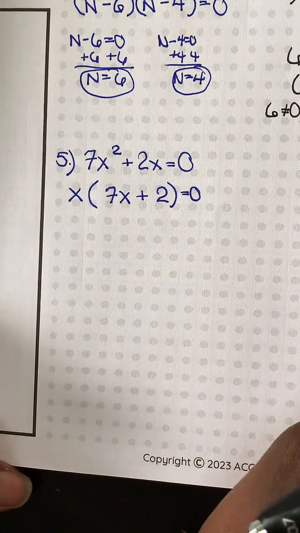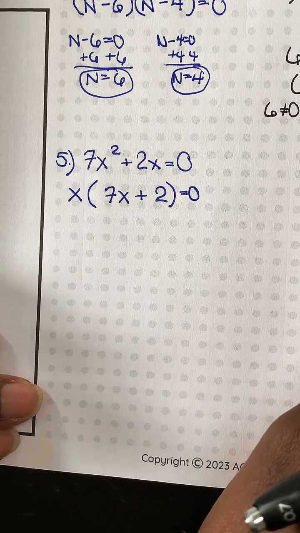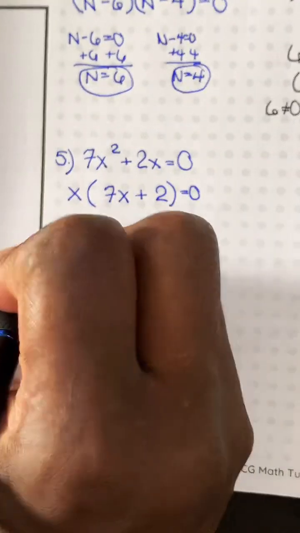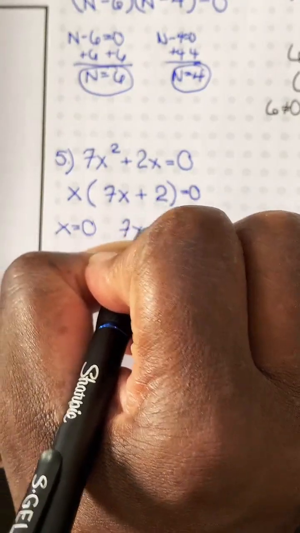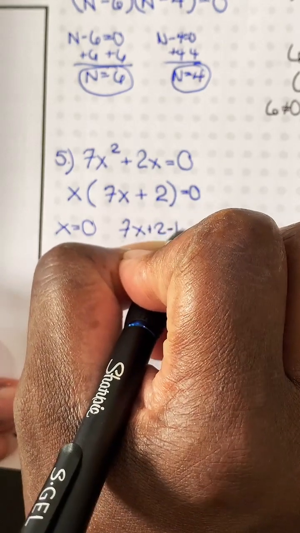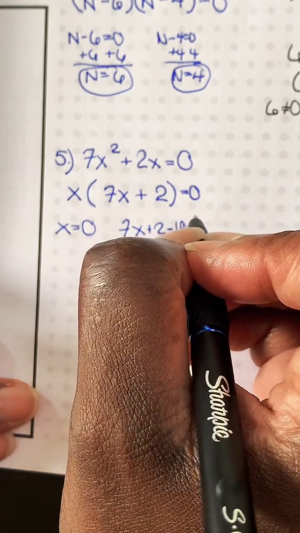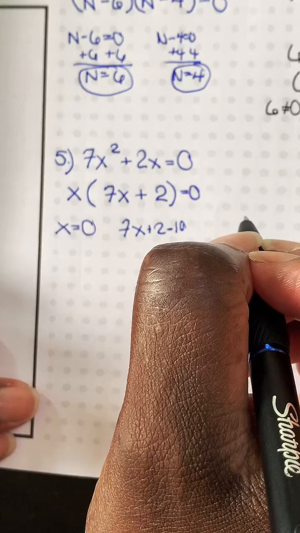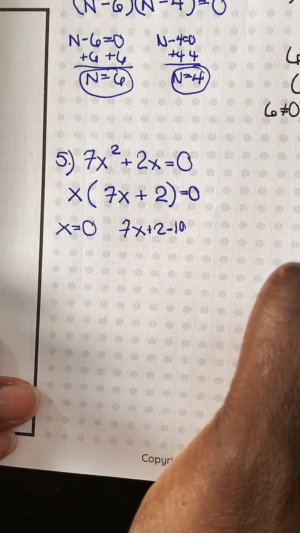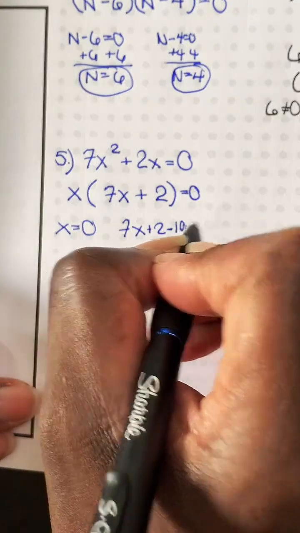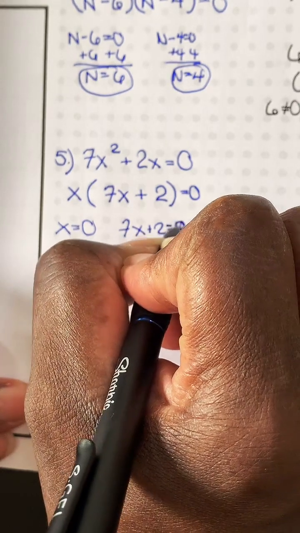Yep, that's right, Ohio. That's it. So, okay, it's not -12. There you go. So if you set each of the parentheses equal to 0, I don't know why I wrote 10.